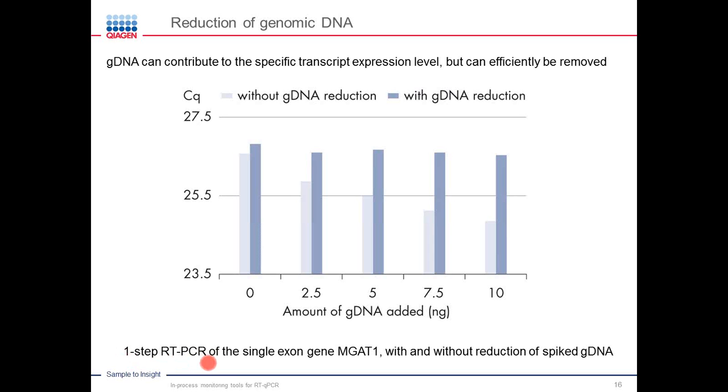This is something that is pretty tricky to achieve, but we have managed to do so, and this allows us to also run a one-step RT-PCR where we have, thanks to genomic DNA reduction, a very reproducible CT or Cq value even after spiking genomic DNA. While without the gDNA removal, indicated by the light blue bars, our CT values are coming earlier and earlier, indicating a higher amount of messenger RNA, which is actually incorrect then.